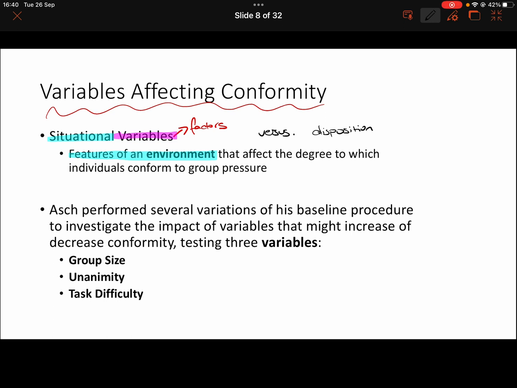That means that you've got a nice nature. That means it's to do with your personality. So we can explain conformity in terms of dispositional personality factors. But here, when we're looking at the variables affecting conformity, strictly, we are talking about the situational variables. What factors in the environment affect how likely it is somebody will conform to the majority?